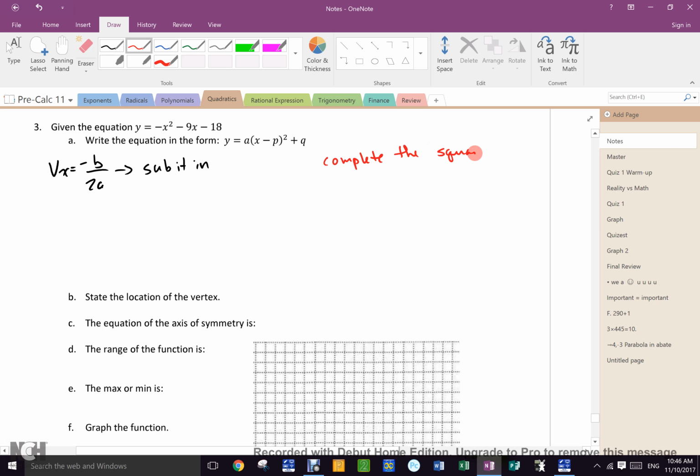Do I care? How many people completed the square? Excellent. How many people did VX? Excellent. Not every hand went up. Interesting. Apparently there's another method of which I am not aware. I would like all those people that didn't put their hand up to show me what they did to get the right answer.